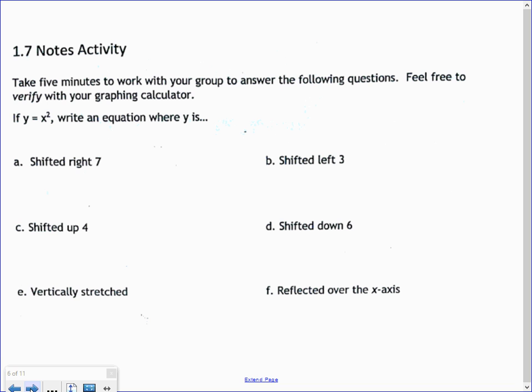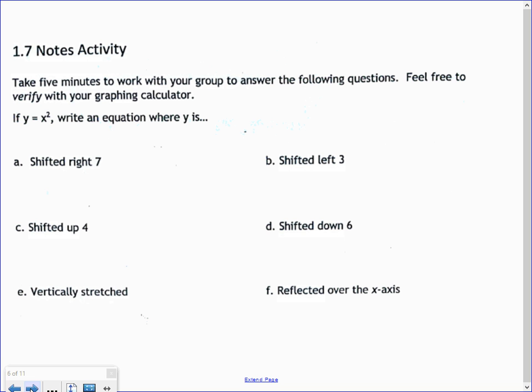Okay, next up, we're going to do some notes for parent functions and transformations. I'm going to give you a few minutes with your small groups to try to fill out this top part of this worksheet, which is writing the equation for y equals x squared if we transform it some way.